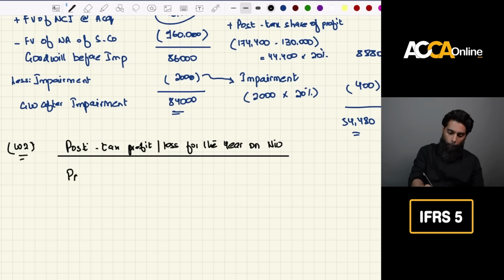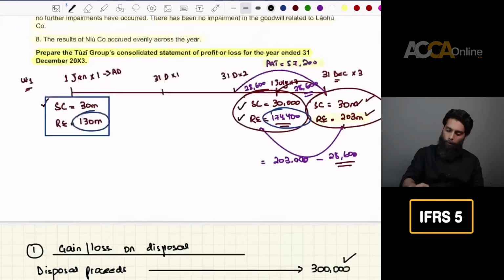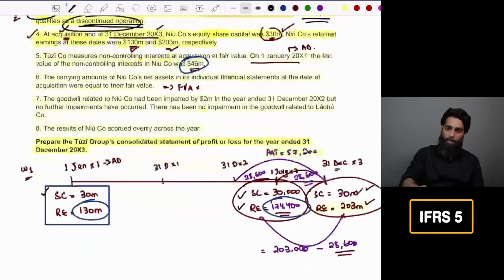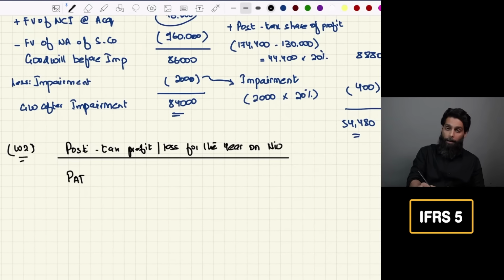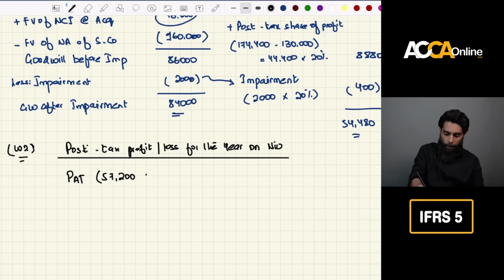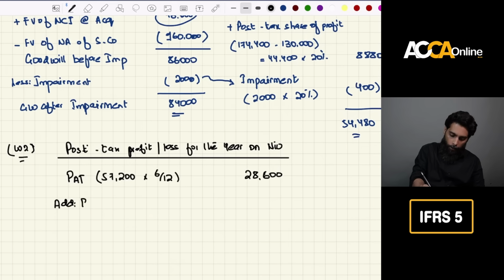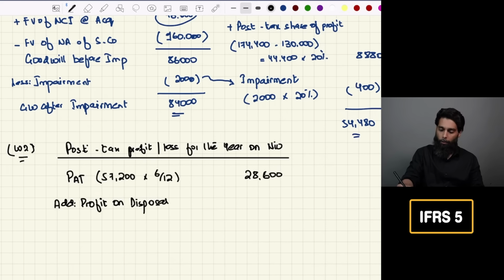If we first talk about the PAT, you go up and see that New company in the total year earned 57,200. So the post-tax profit from operations would be 57,200, but multiplied by 6 by 12, the normal operational income would be 28,600 for the company, right? Plus, there was a profit on disposal as well, which you need to account for.